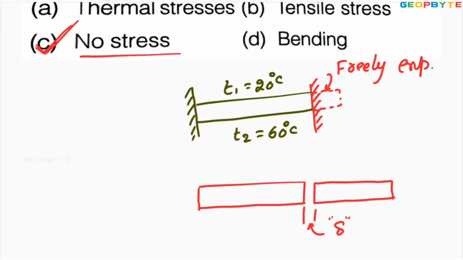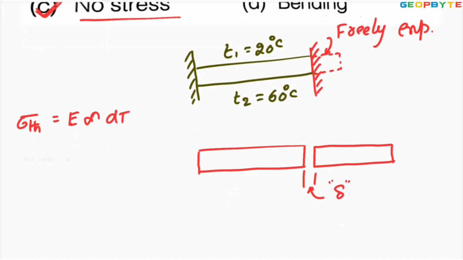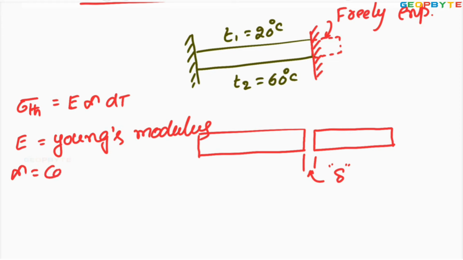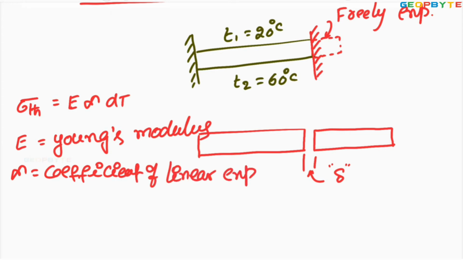Those thermal stresses can be found by thermal stress equal to E into alpha into dT, where E equals Young's modulus, alpha equals coefficient of linear expansion, dT equals temperature change.